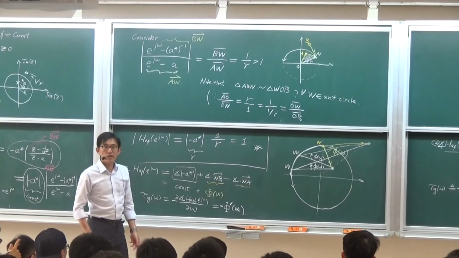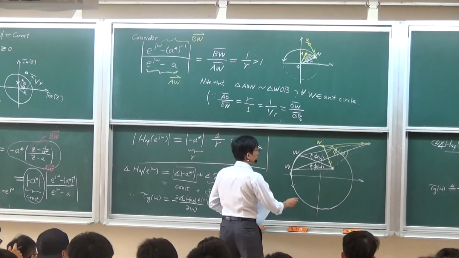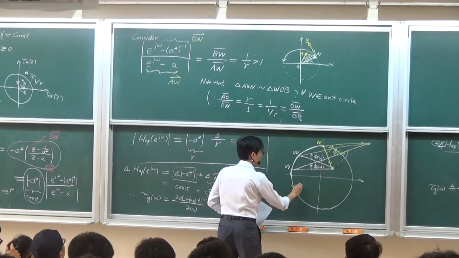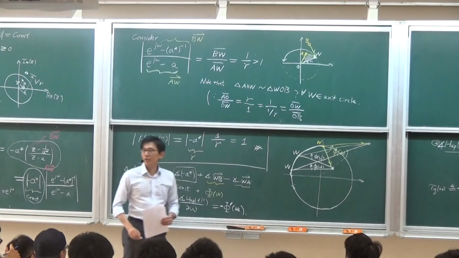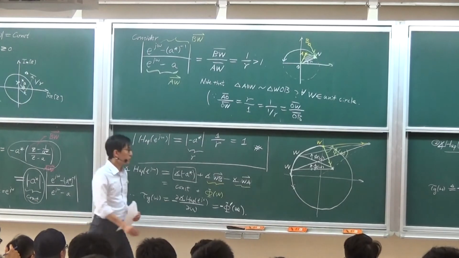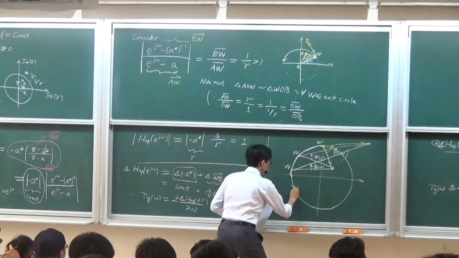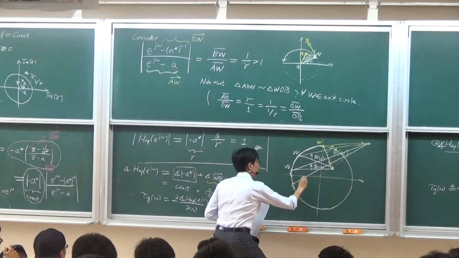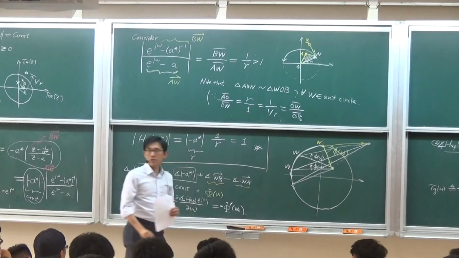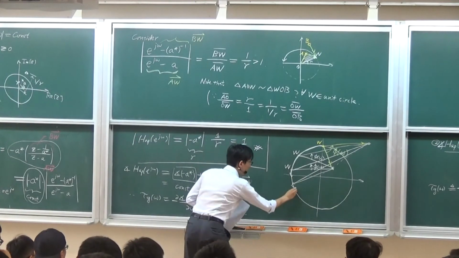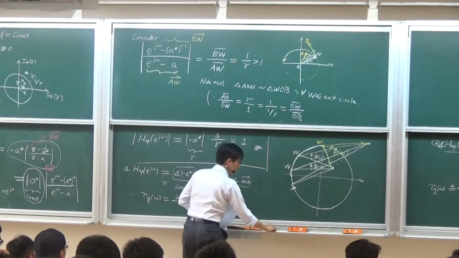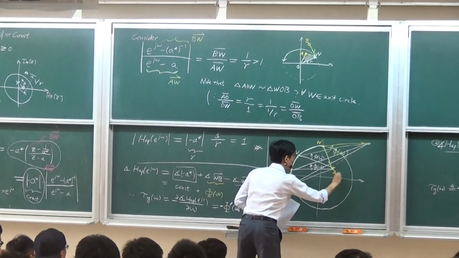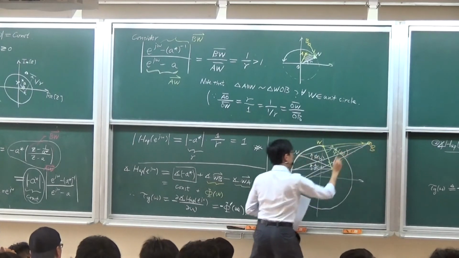Can you see that? Does phi keep decreasing? Looks like it does. And after this opposite point here, let me be clear. This is where the pole is, and that is where the zero is.